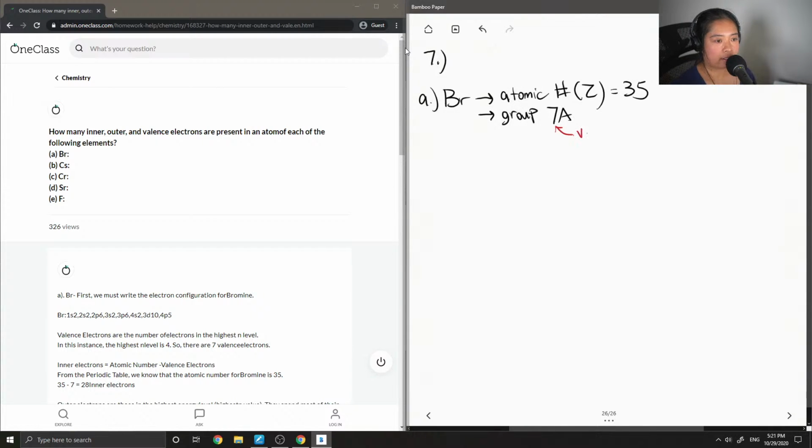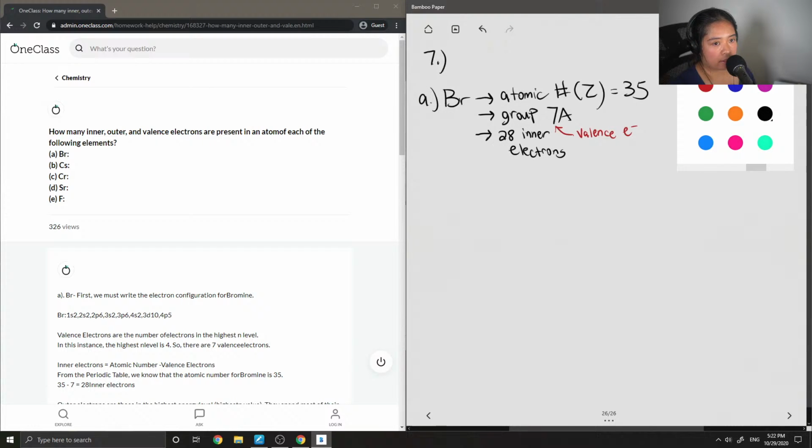And the 7 actually indicates how many valence electrons are present in an atom of bromine. So since there are 7 valence electrons in bromine, and there are 35 electrons in total, therefore there are 28 inner electrons.